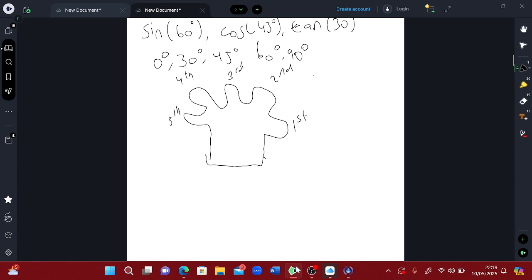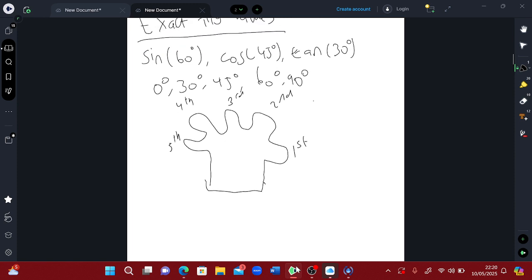You don't really need to label it, but we'll leave it there. So the way this method works is, if you use sine, let's first of all look at the values of sine.